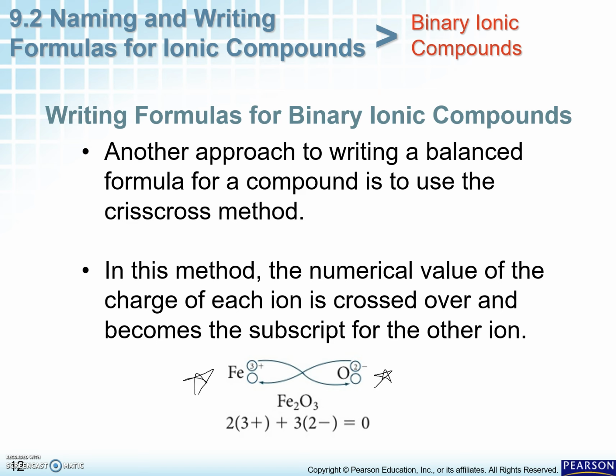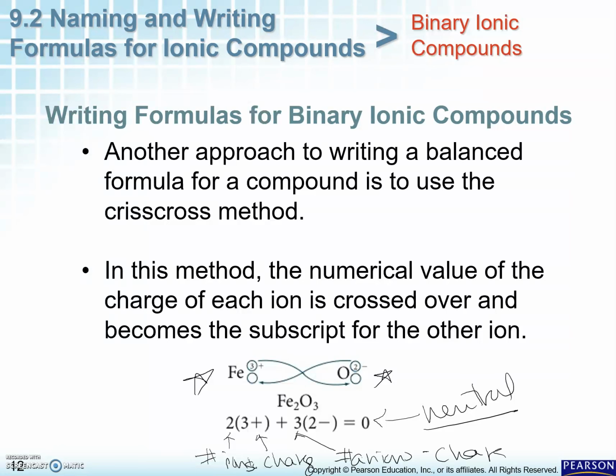However, if you need to check to make sure that your combination gives you the neutral charge that you want, you would take the number of cations that you have times the charge, and add it to the number of anions times their charge. When you add those all together, it should give you a nice 0 because they are canceling out.